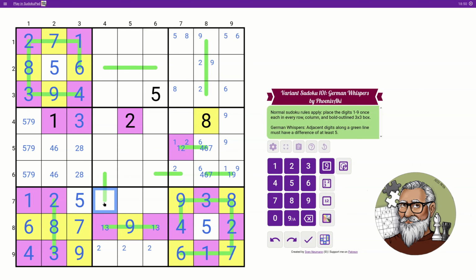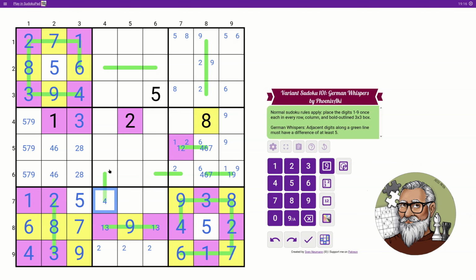Unless this is 4, then this would have to be a 9. Is that a problem? If that's a 9, then we have 1, and this would have to be 6. Doesn't look like it. And if it's a low digit, then it's 7. It's 6 or 7, and this would have to be 1. So this one is from 1, 9. That's interesting. But if this is a low digit, it's 4, right?